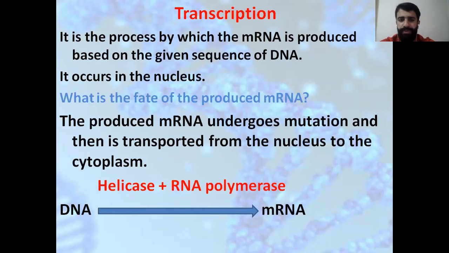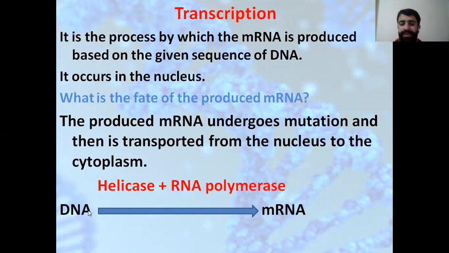What will happen to the produced mRNA? The produced mRNA undergoes modification, which means a change in the sequence. We'll talk about this next year, inshallah. This produced mRNA is transported from the nucleus toward the cytoplasm.